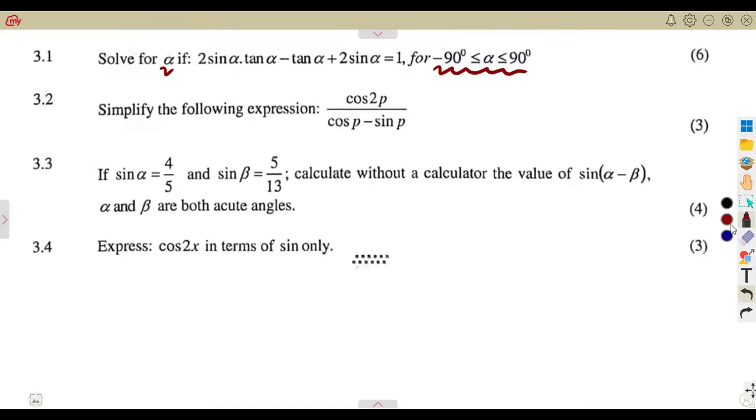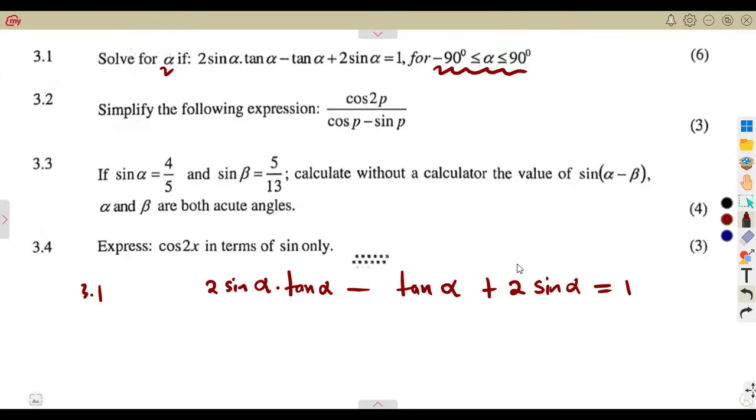So given that's 3.1, we are given this as 2 sine of alpha times the tan of alpha minus the tan of alpha plus 2 sine alpha, like this, and this is equal to 1.